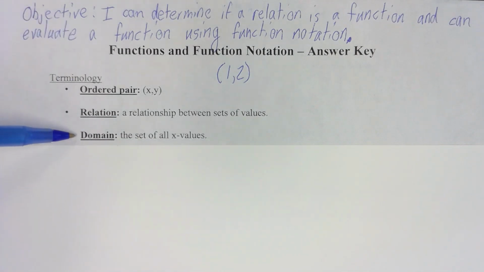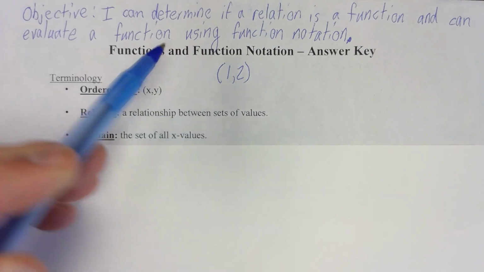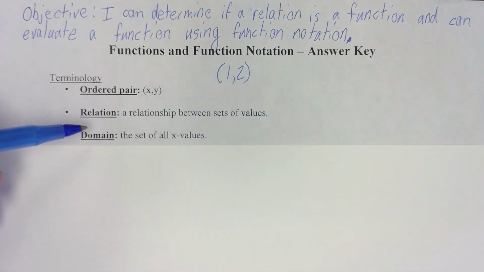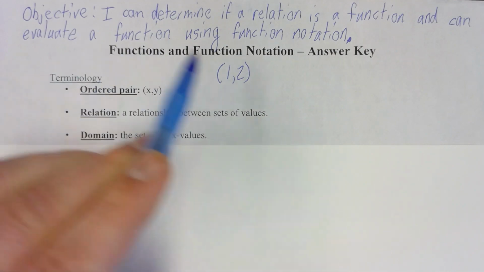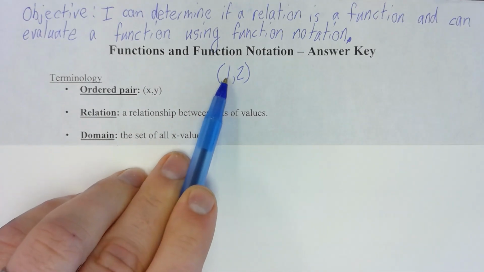Another important word, domain. We use domain to describe the set of all the x values, meaning if I've got a whole bunch of points or a line, where does it live in reference to our x-axis, our x values? So I know that my domain here at least is 1.